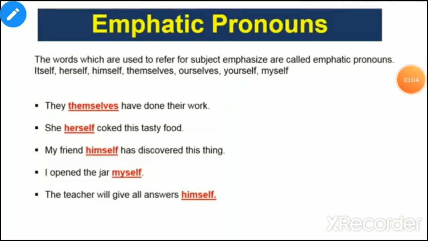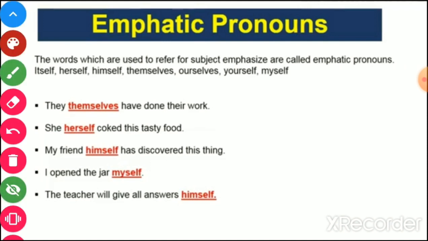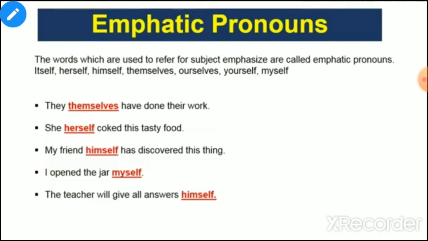Now moving to the next kind of pronoun, which is emphatic pronouns. The words which are used to emphasize the subject are called emphatic pronouns. Itself, herself, himself, themselves, ourselves, yourself and myself. Look at these examples. They themselves have done their work.